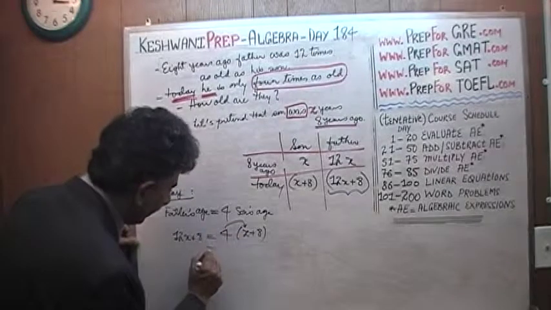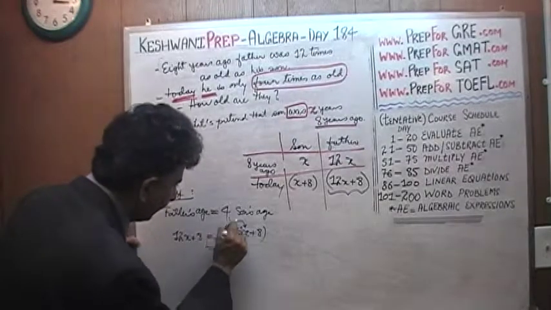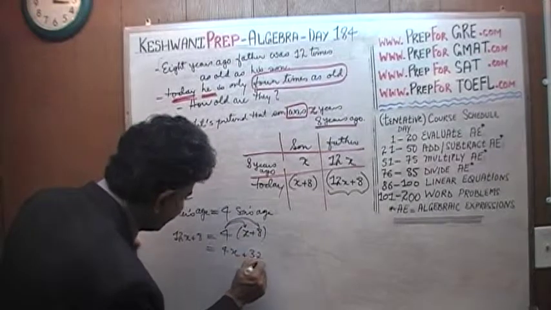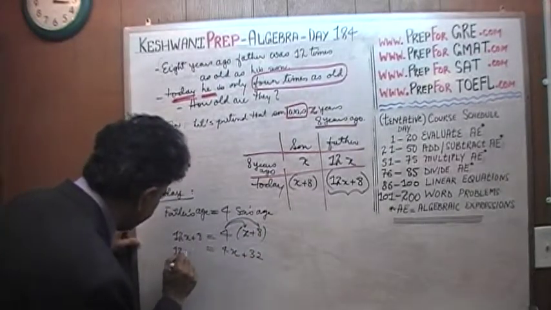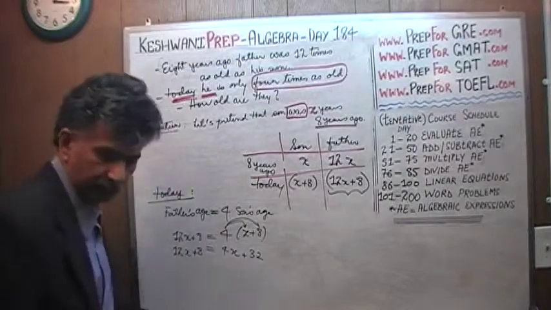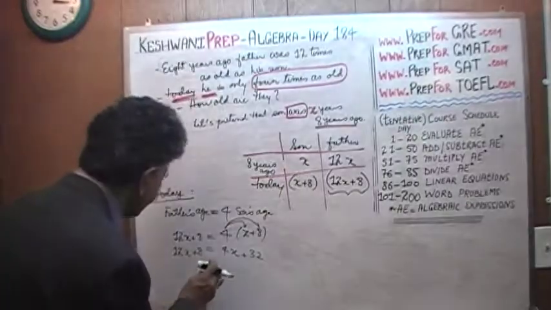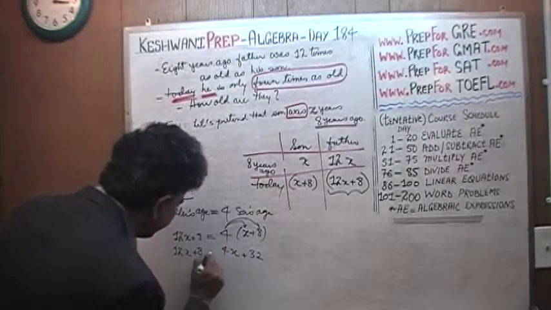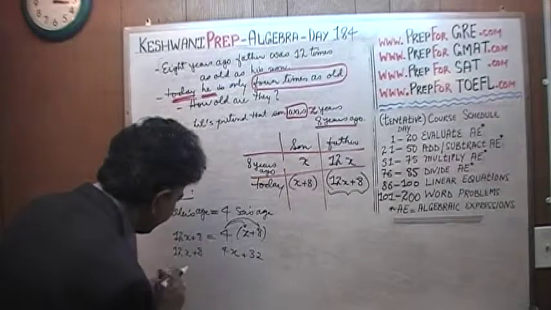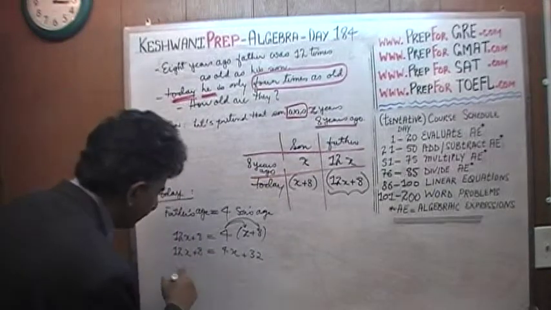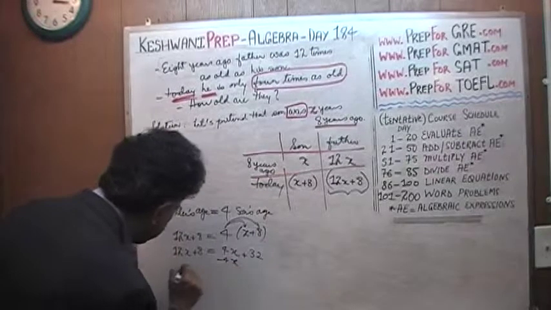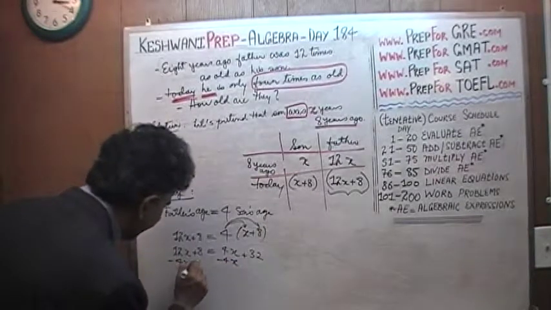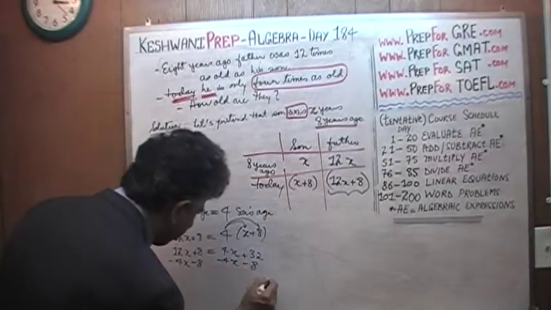So that gives us 4x, and 4 times 8 gives us 32, and here we have 12x plus 8. Let's subtract 4x from both sides, and let's subtract 8 from both sides.